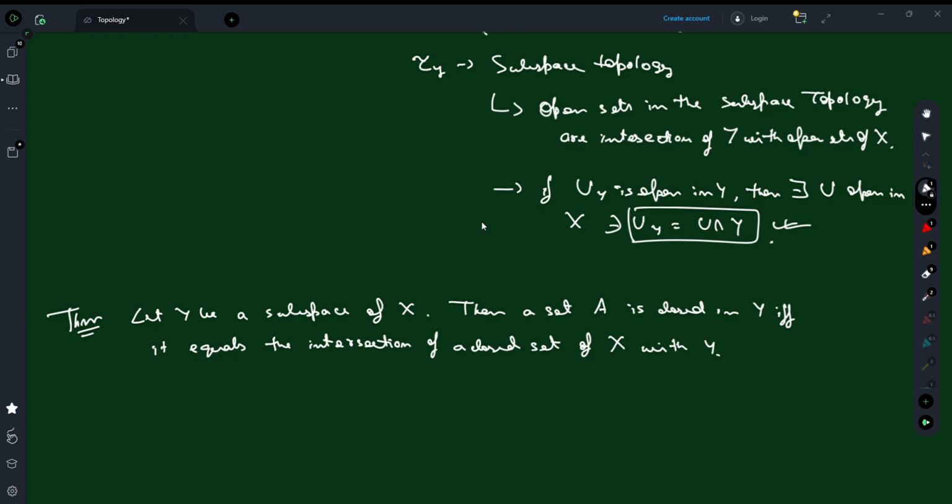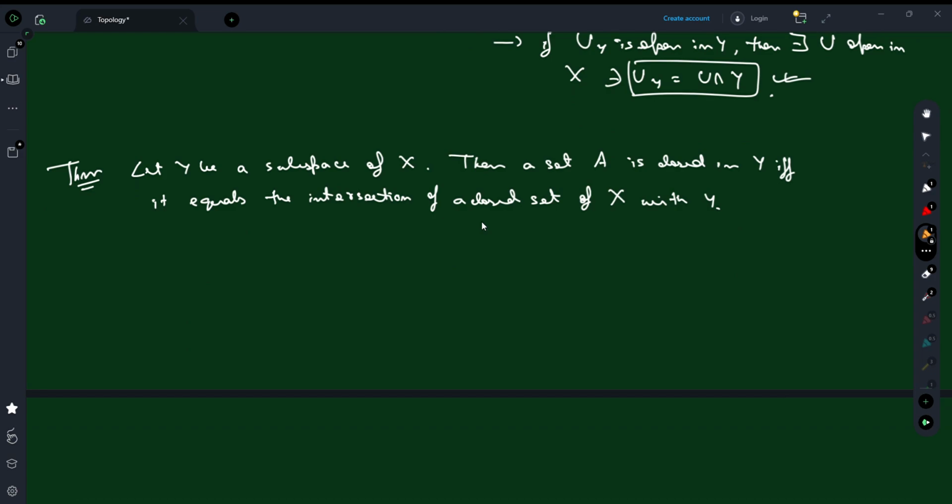Clear? So let us prove this. I think this is quite relevant with how the subspace topology was defined in terms of open sets. So quite related, I should say. Let us start with this.